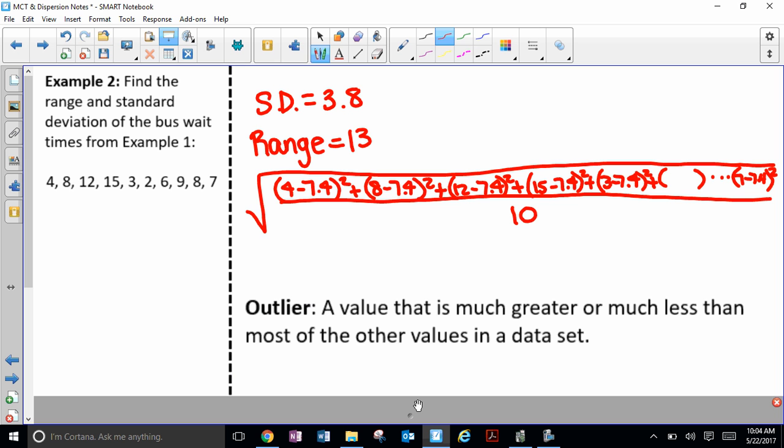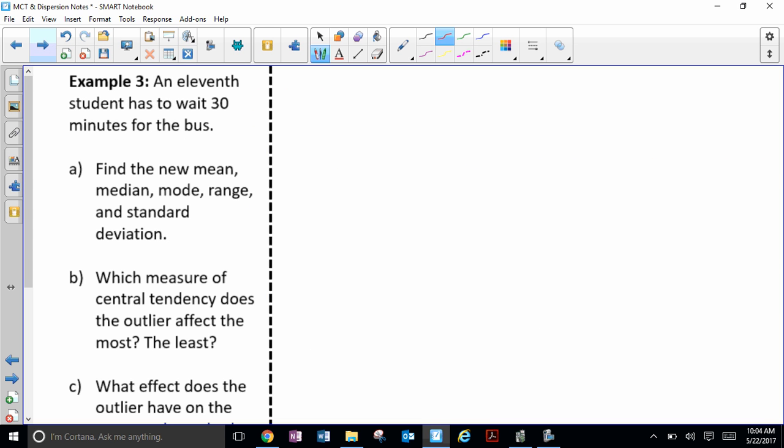All right, then you have a definition there, outlier. It's a value that's much greater or much less than most of the other values in a data set. Okay, so here we don't really have any outliers. These are all pretty close to each other. But let's say on example 3 that an 11th student has to wait 30 minutes for the bus. Okay, so now we have all those original values.